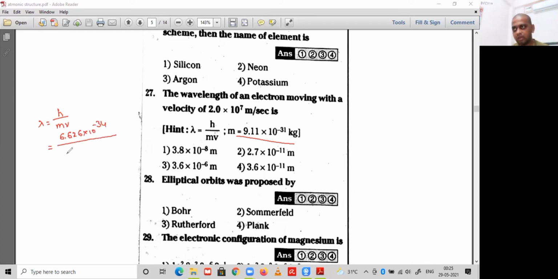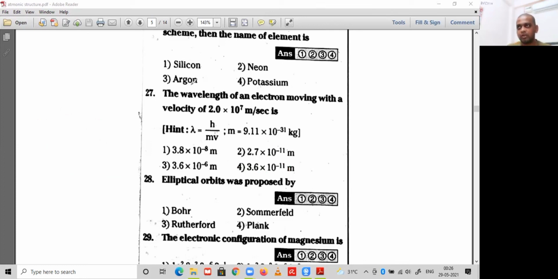The m value is 9.11 into 10 to the power of minus 31, and the velocity is 2 into 10 to the power of 7. After calculating this, you will get the answer 3.6 into 10 to the power of 11 meters. So option 4 is the correct option. Look at the calculation part once and you will get that.